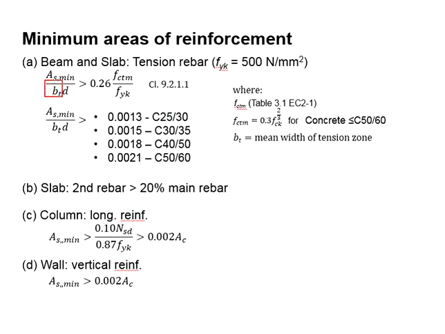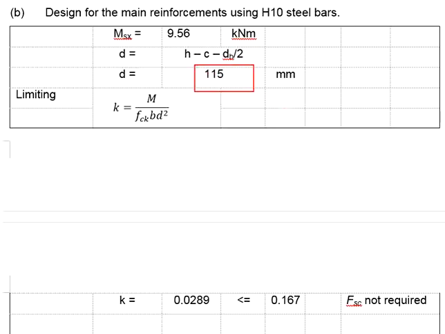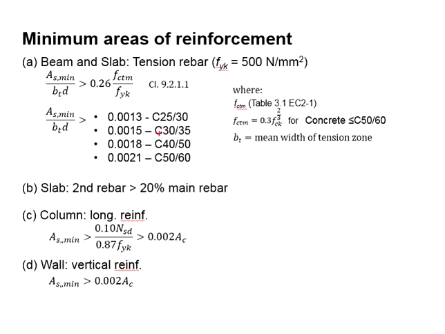The b here will be 1000 mm, which we are calculating on the basis of the 1 meter unit width. And then the depth will be the one that we have calculated previously, equal to 115 mm. Substitute into the equations, and you will get the As,min.